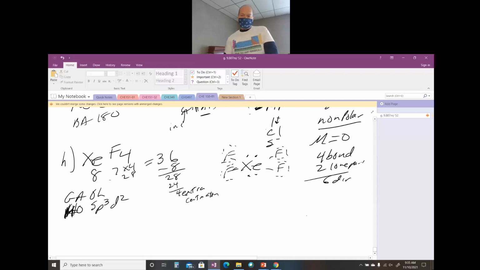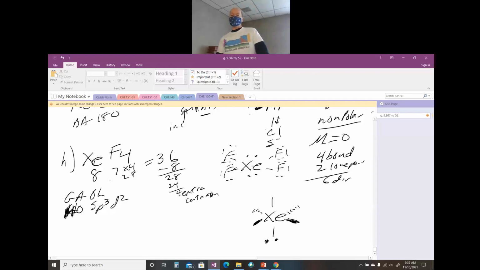Right? And now we have to draw it in 3 dimensions. So you have to be able to draw an octahedral. All right, now I always put my first lone pair on the bottom. That is just where I put it. It makes no difference where you put your first lone pair. Now the second lone pair makes a huge difference.